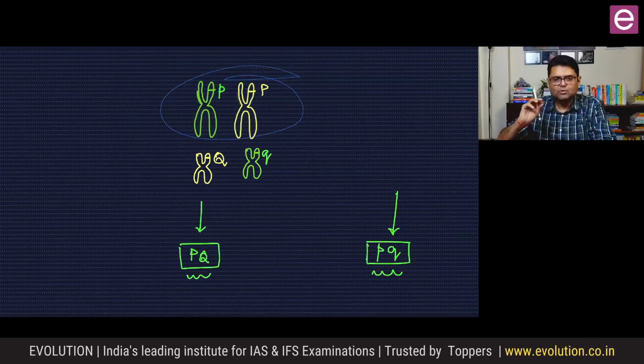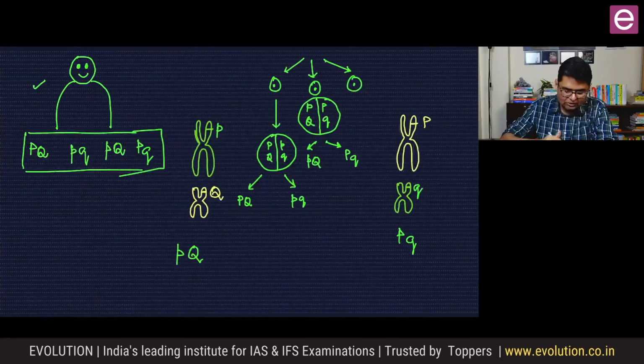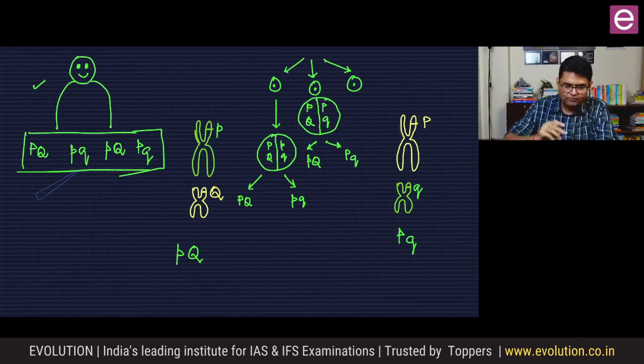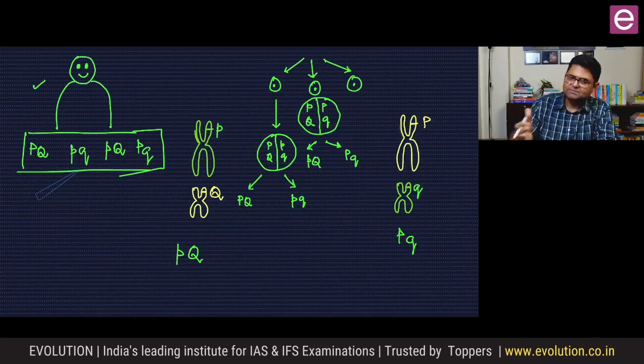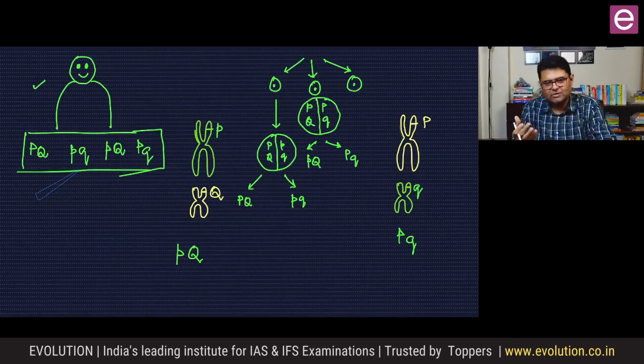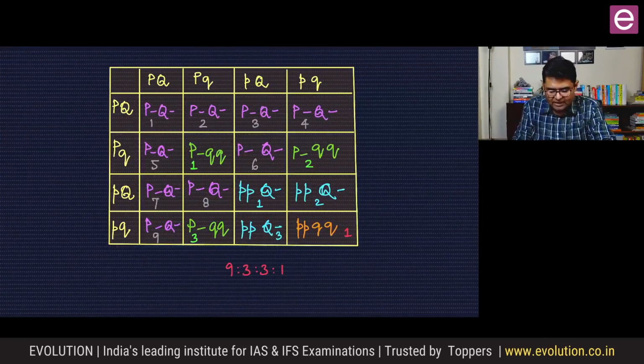And these two could have had very, very different results. As a result, we saw independent assortment, same individual forming all the types of gametes, and the same would apply to the female because the female has also got these two genes on two different chromosomes. So the female is also going to show independent assortment. And that way you get the Mendelian 9:3:3:1 ratio.